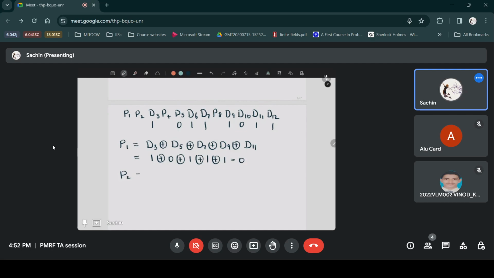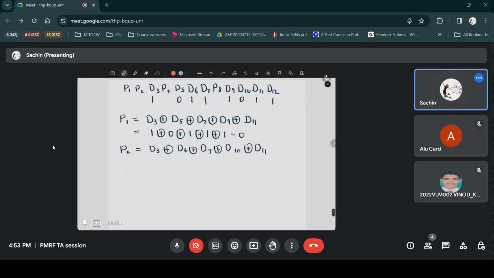Similarly, P2, you find that by XORing D3, D6, D7, D10, D11. So what bits you should XOR, that you can decide in this way. For P1 you XOR all those bits where the index has a 1 in the ones position.